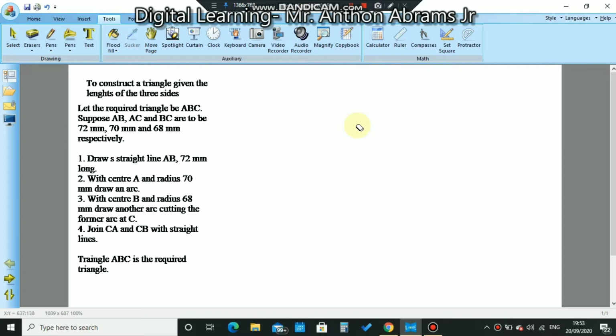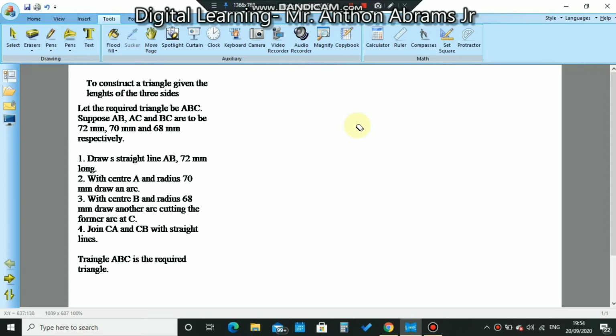Just to brush up, a scalene triangle is a triangle where all the sides are of different length. So let's look at the problem quickly.